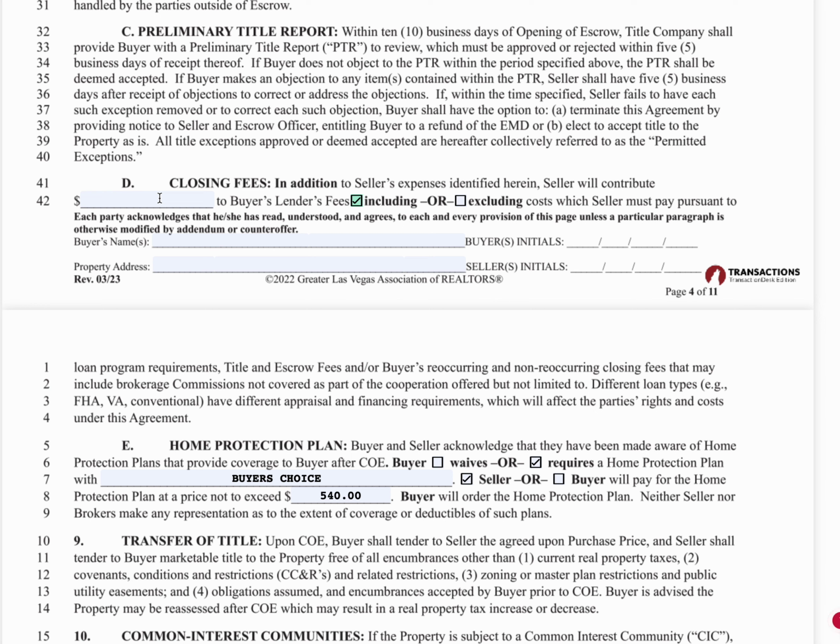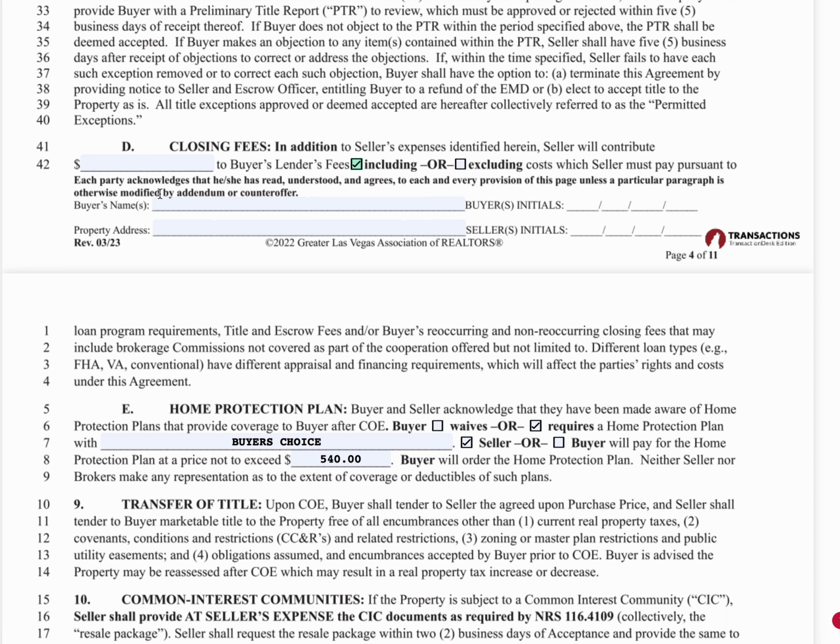So 5% of the purchase price would be $20,000 there. So again, depending on the bank, depending on the lender, depending on the program, there's certain guidelines that we have to follow. We have to make sure, because some lenders say, hey, the seller cannot pay more than 2 to 3% of the purchase price of the property.